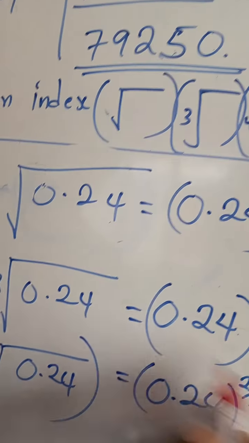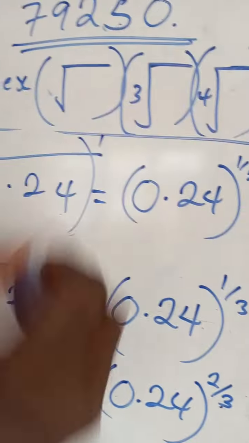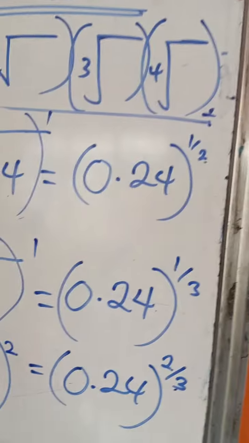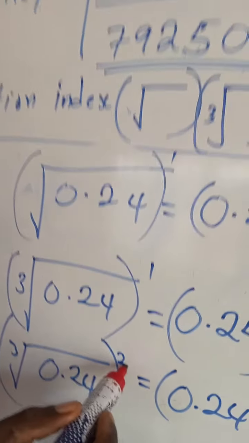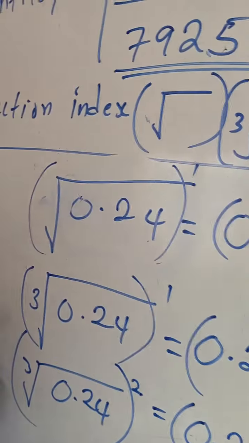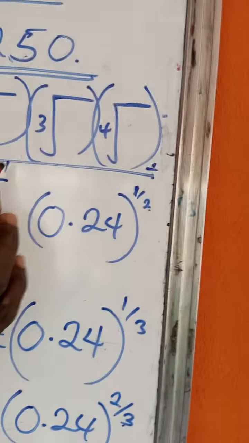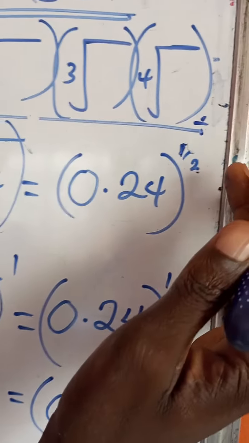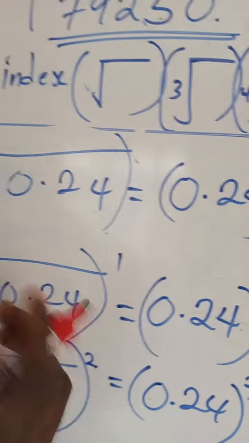Because here is 1, I would not bother to put anything here. But here, the 2 will still be here. That is, when we finish everything, we'll still multiply it by 2. But where it has 1 here, it's just 1 in the fraction index. Let's take note of that.